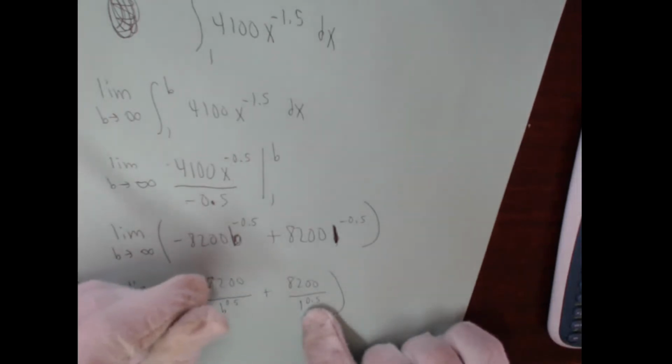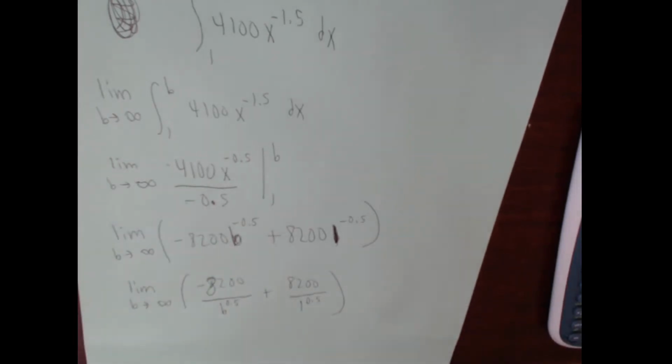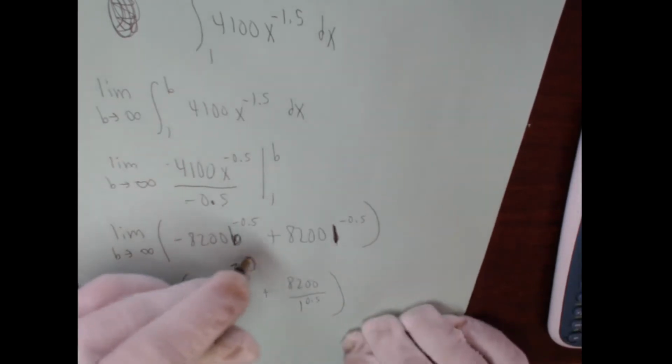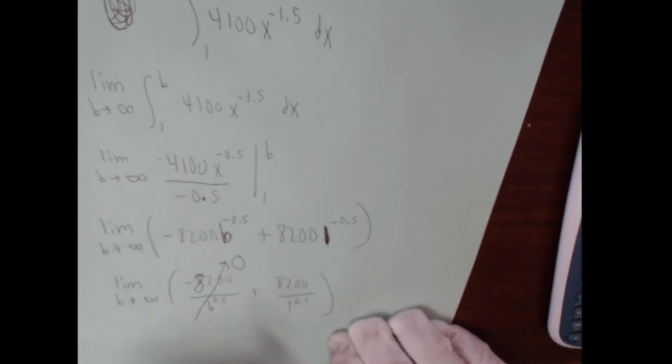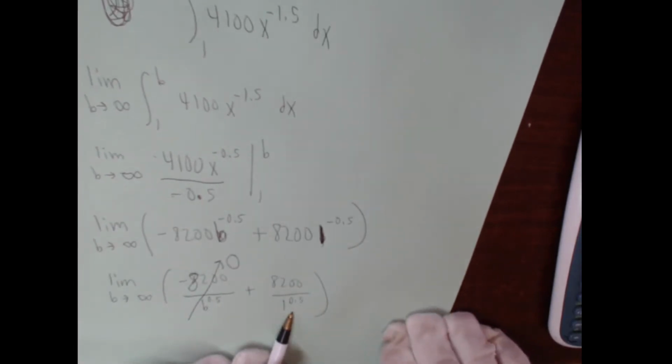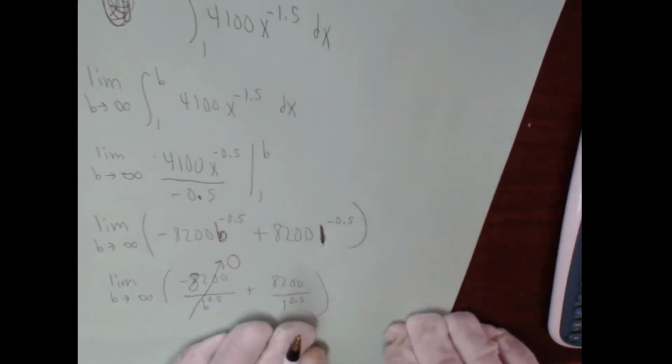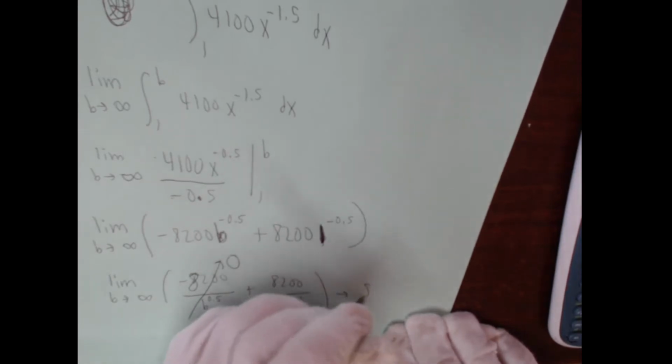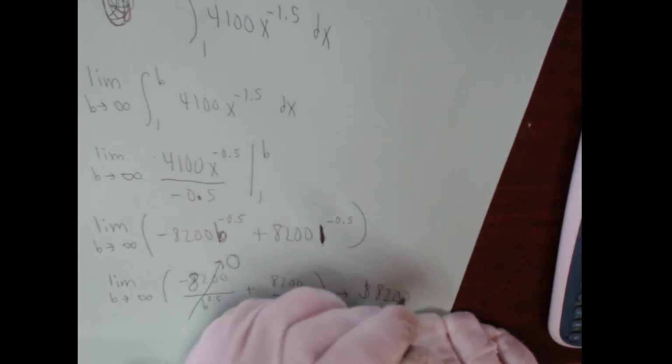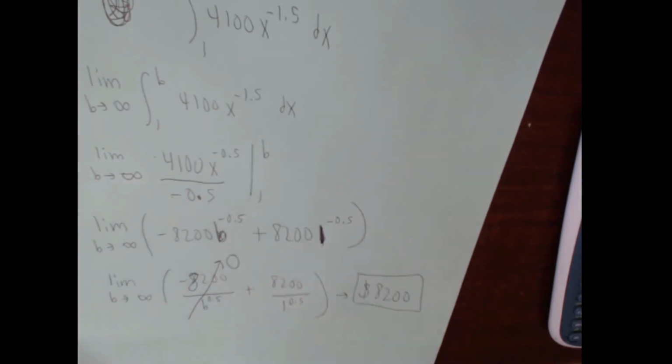All right, so now we activate the limit. This will always approach 0 forever. And so this is just 8200 divided by the square root of 1, which is just 8200 divided by 1. So our final answer, which is the correct one, is $8,200.